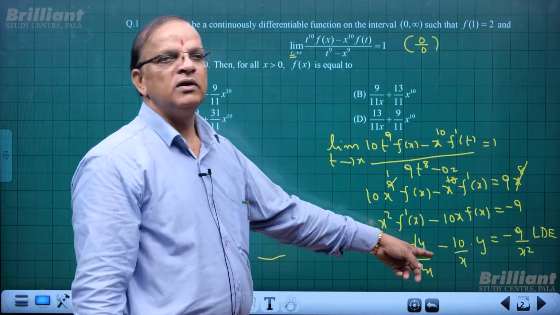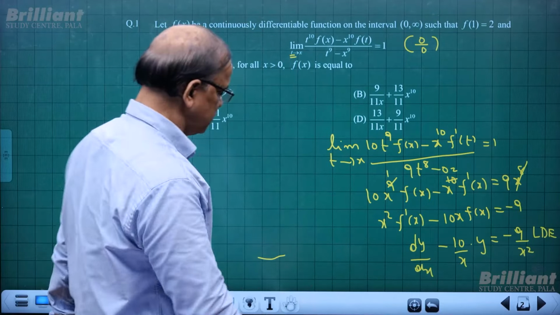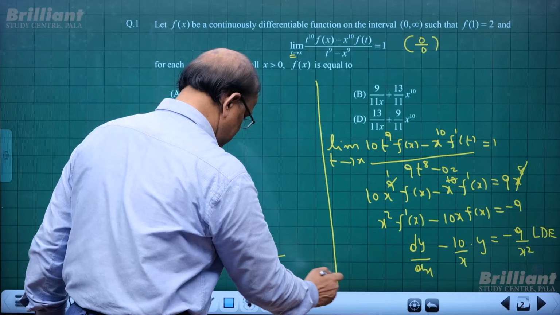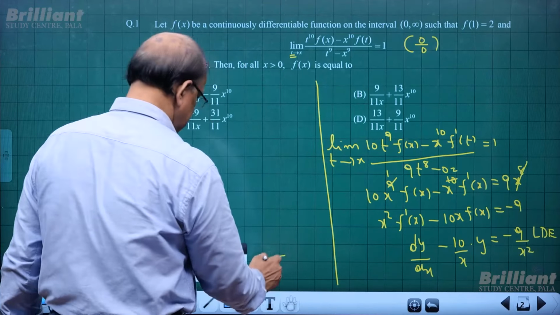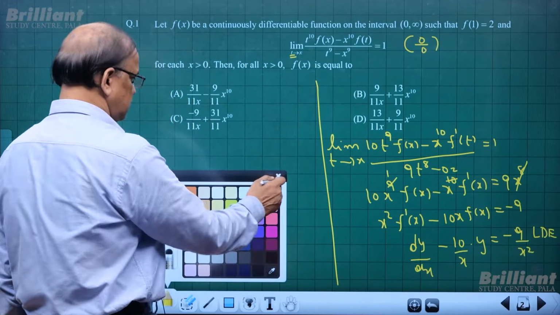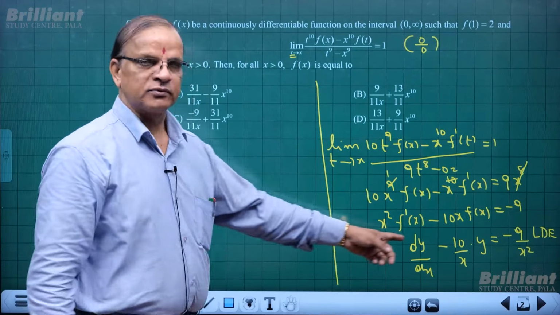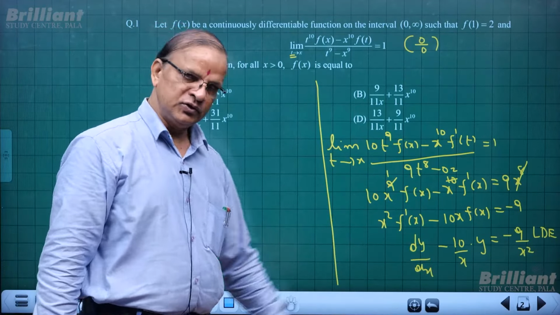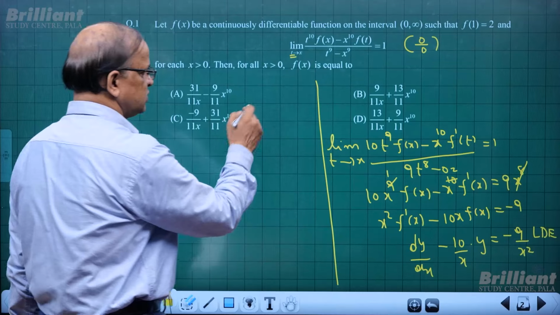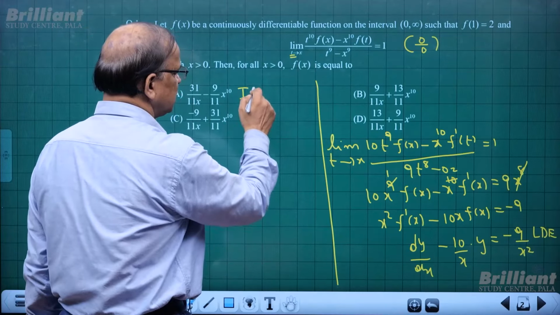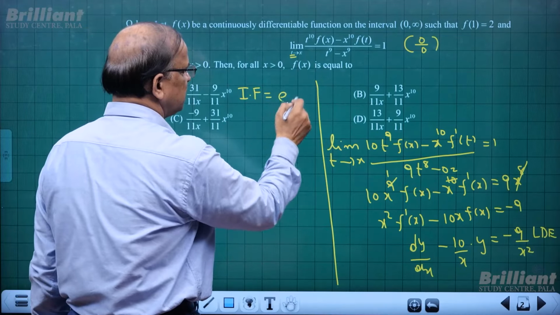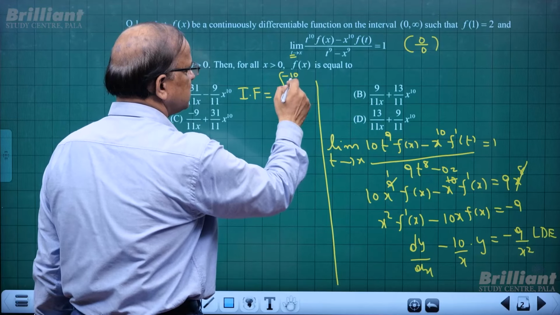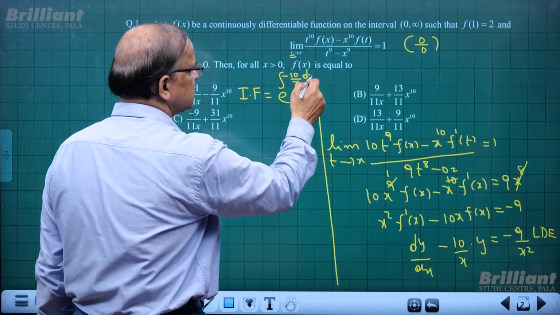Now we can find its solution, that is, the integrating factor e power integral of minus 10 by x dx.